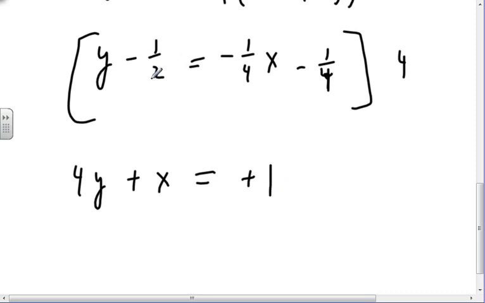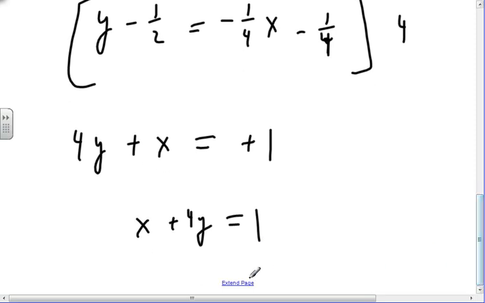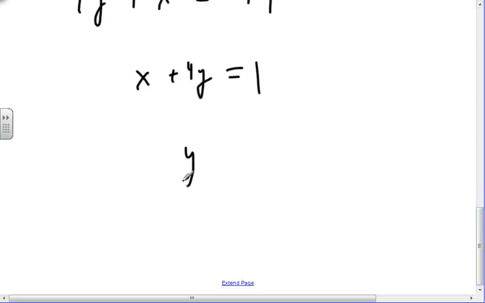So minus 2 comes over here, becomes a plus 2, minus 1 becomes a plus 1. So we'd write that as x plus 4y is equal to 1. That would be okay. Or we could write it as y is equal to minus 1/4 x plus 1/4. That would be okay too.